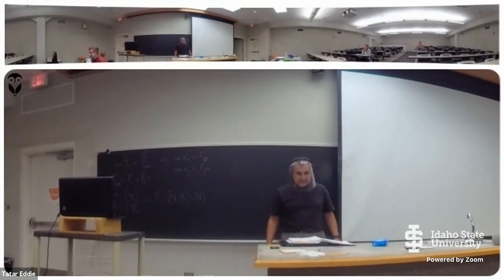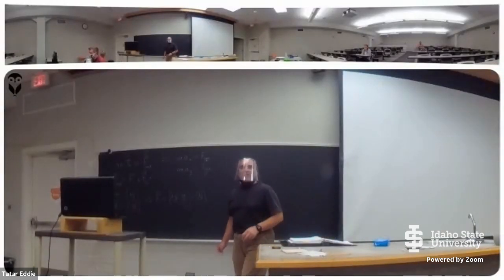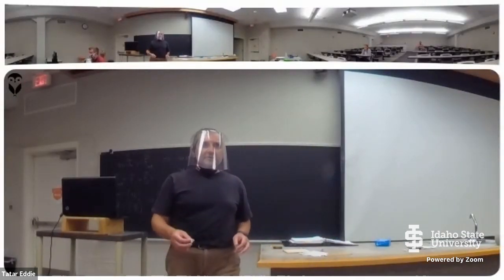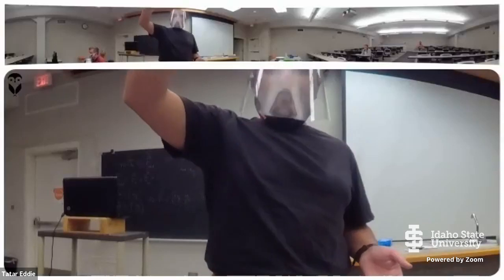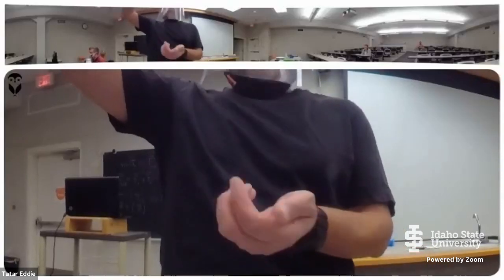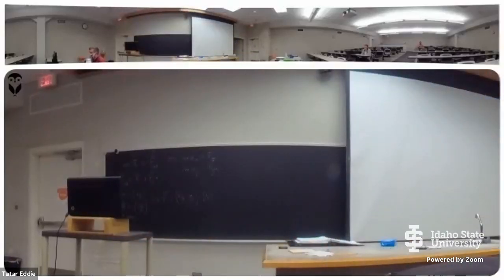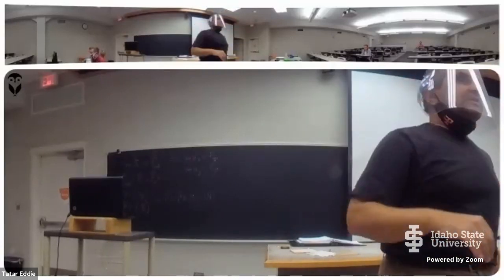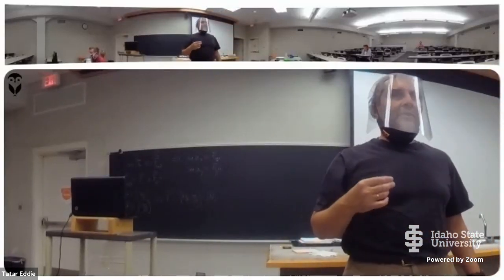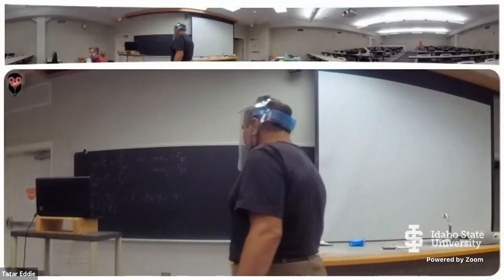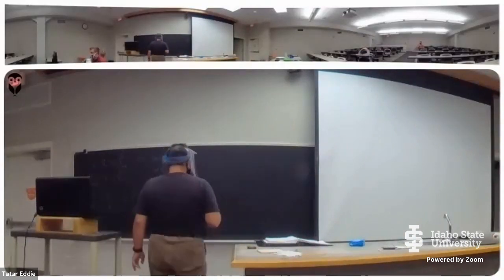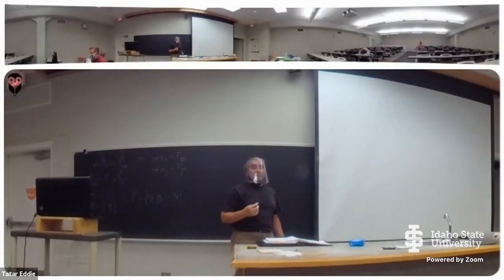Okay, let's start with the gravitational force. Right? Gravitational force is what makes this piece of chalk accelerate in the downward direction with acceleration 9.8. So the gravitational force was again discovered by Newton.